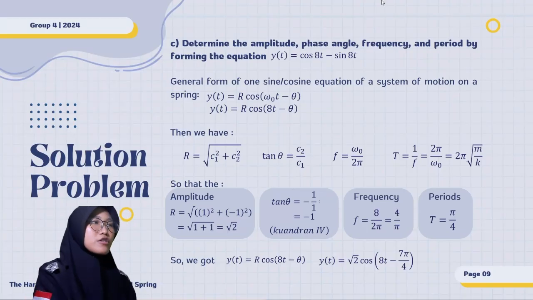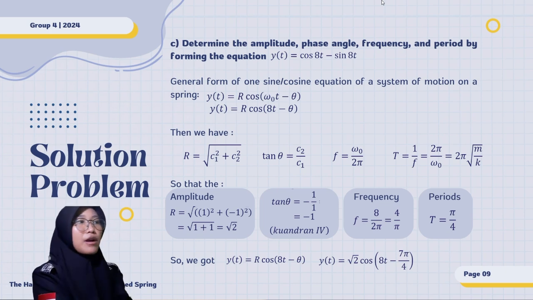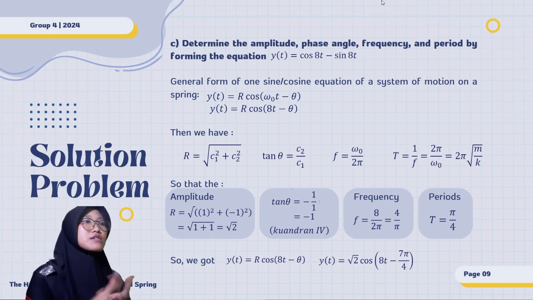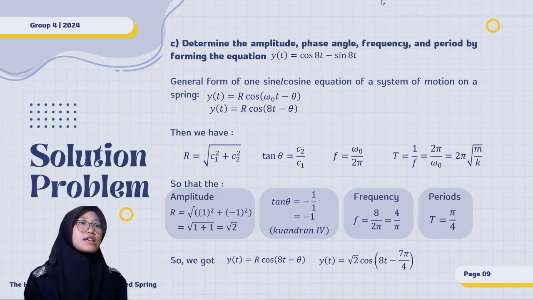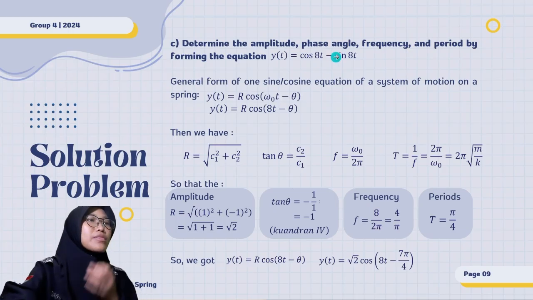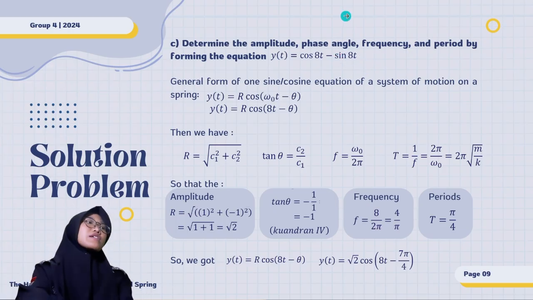Okay, now we move on to part C, which is to determine the amplitude, phase angle, frequency, and also period by forming the equation y(t) = cos 8t - sin 8t.